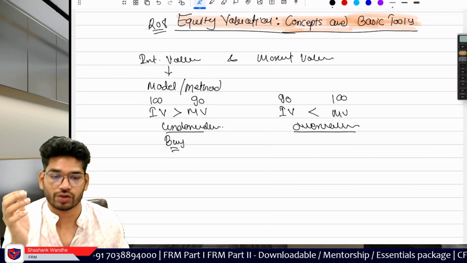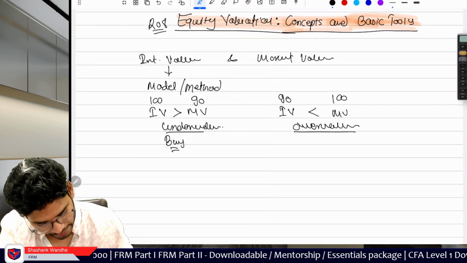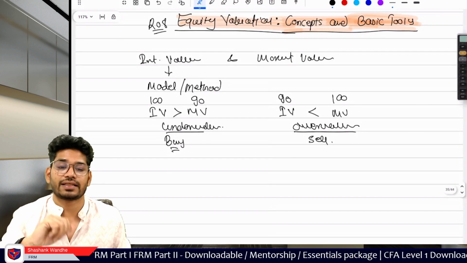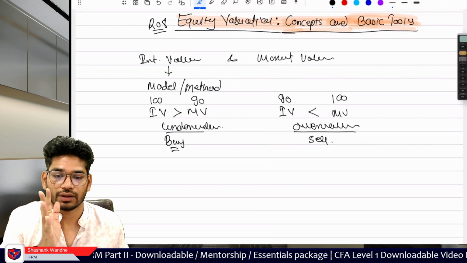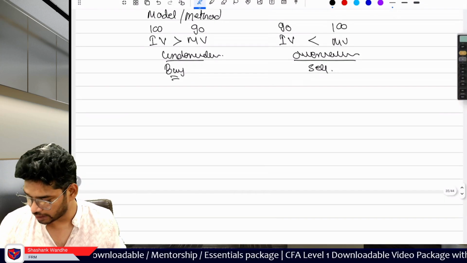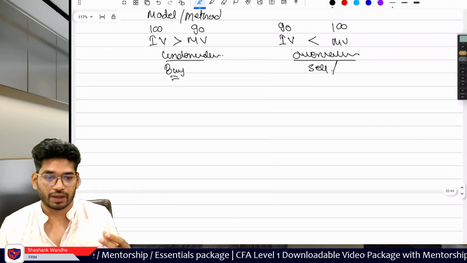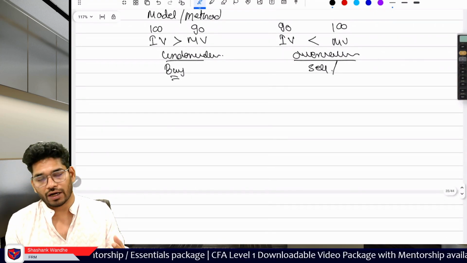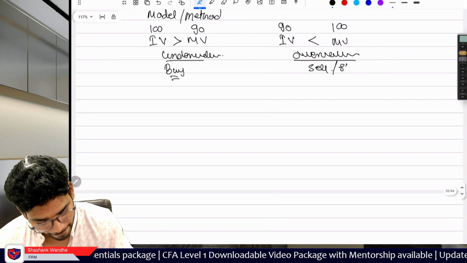And if the situation is that intrinsic value is 90 only and the market value is 100, then the investor should sell this security. Now here, in both the cases, the decision of buying and selling will depend on a few factors. And if you own the stock in the overvalued case, you will sell. If you don't own it, then you will short sell.